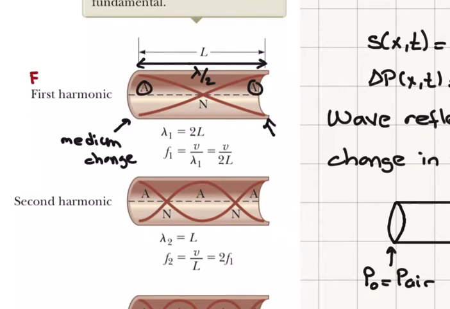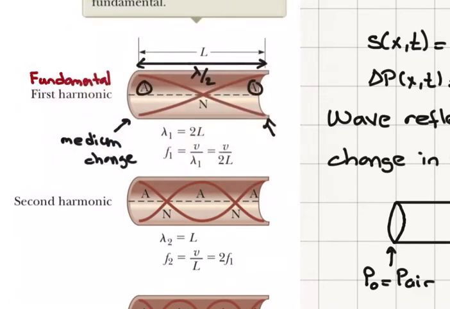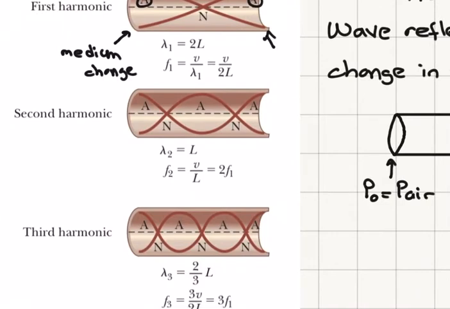So this is the first harmonic, or the so-called fundamental mode. And I see the corresponding frequency will be the speed of sound divided by lambda 1, so it will be v over 2L.